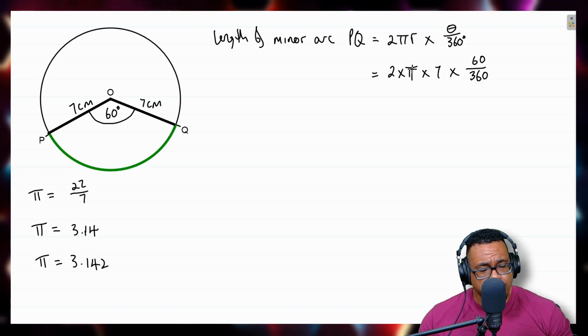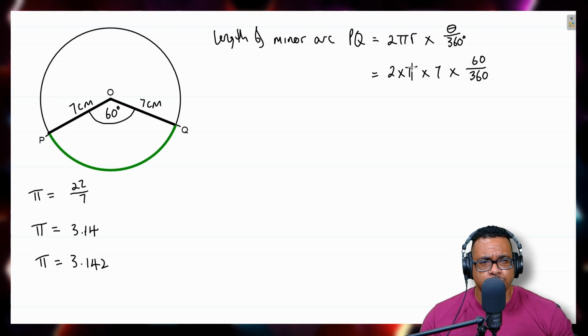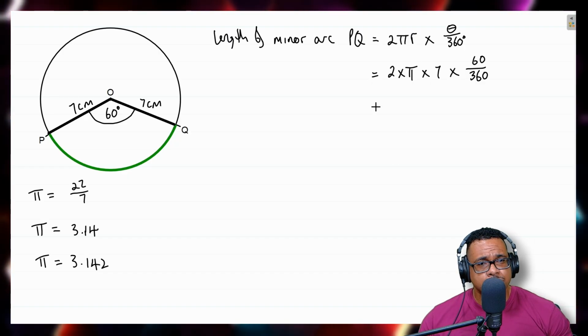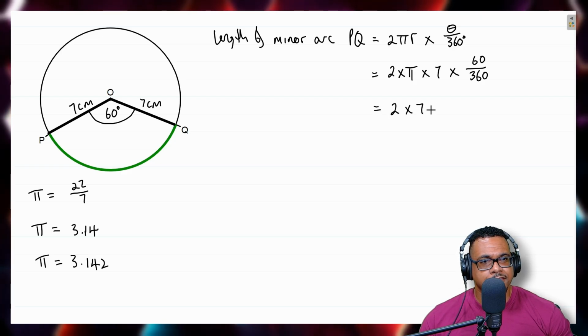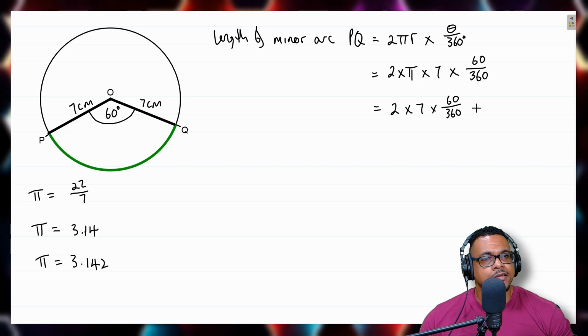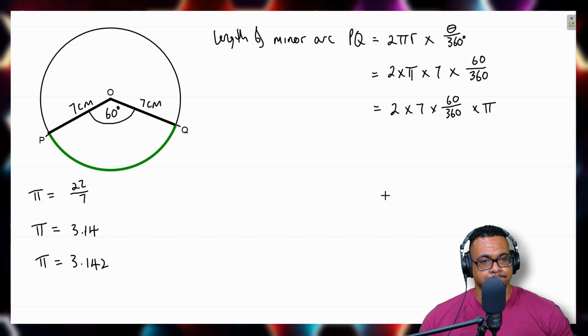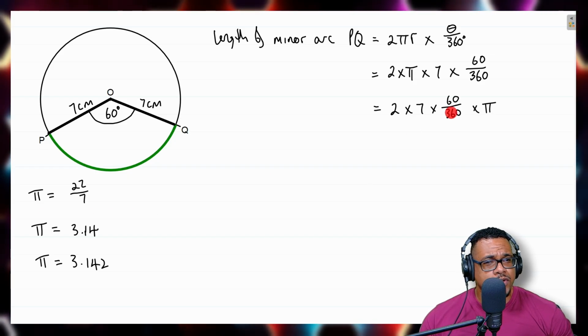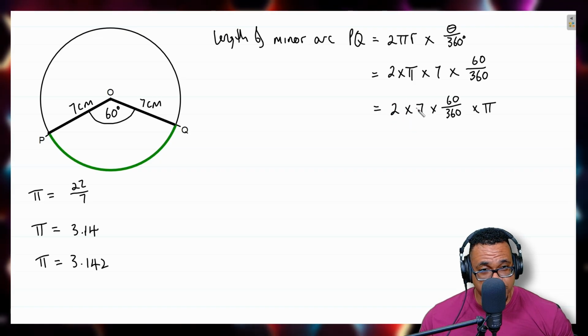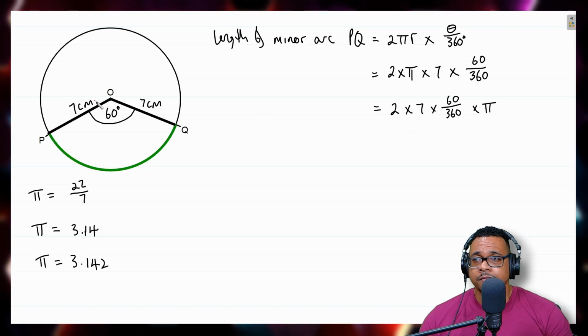Now we know multiplication is commutative, which means it doesn't matter which one you do first. So what I'll do, I'll put the pi last. So I have 2 by 7 by 60 over 360 by pi. So all you have to do is just work this part out. I mean, you can do it on the calculator or you can cancel.